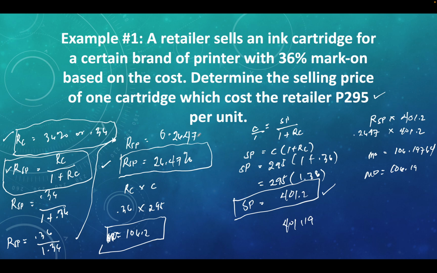Pero kung kinuha natin lahat ng decimal kanina dito, saktong-sakto yan. But since nagbawas na tayo doon, that's why we have 401.19, which means, as I have said before, kapag malapit na malapit, dapat ganyan lang yung difference nila. 0.01 lang yung difference nila. Okay? Pero kapag gusto mo makuha yung saktong-sakto, but acceptable naman na to.